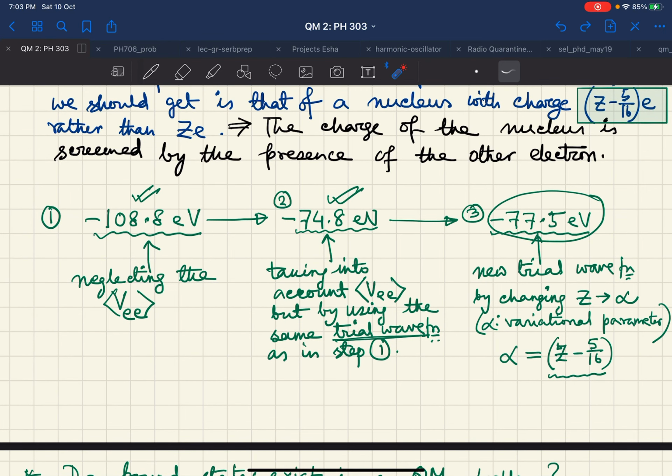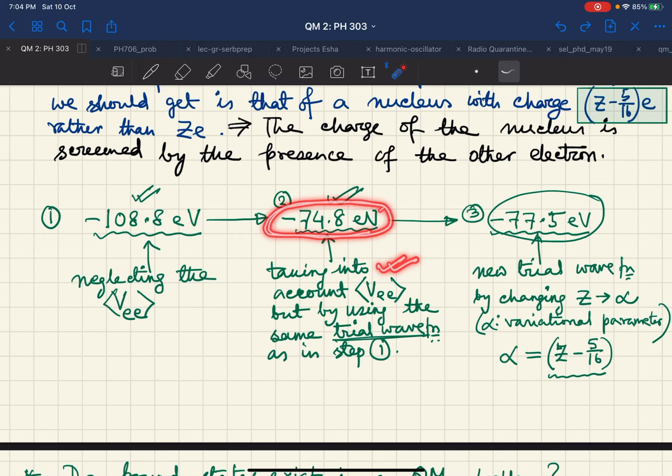I want to comment on another point: we also said that you can look at the electron-electron interaction term, the Coulomb interaction term between the two electrons, as the perturbative term. I also discussed with you why it should be treated as a perturbation over the other H naught terms. I said that this 1 by Z basically acted as the expansion parameter, and that perturbation theory result was the same as the variational approach gave us for this V_EE.